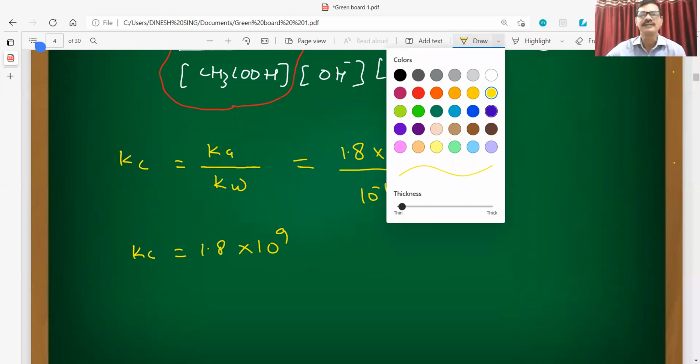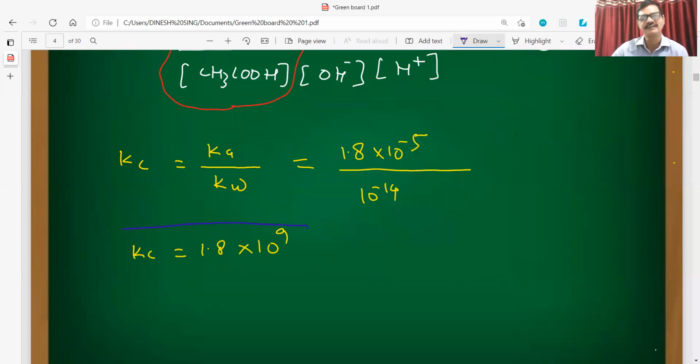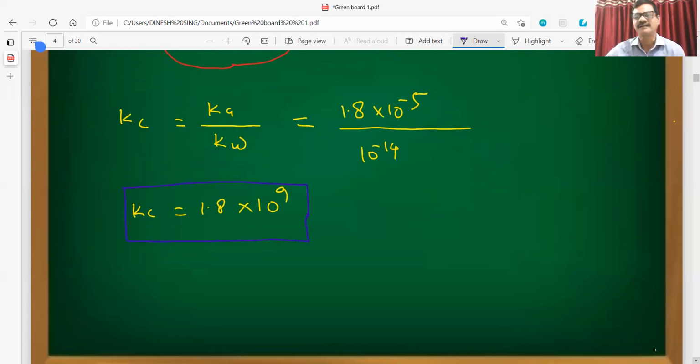I think everybody understood this. So this is the Kc value for this equilibrium, for the reaction of strong base with weak acid.